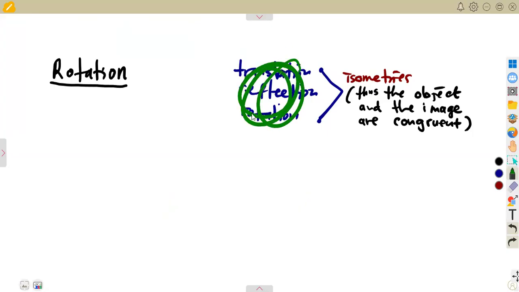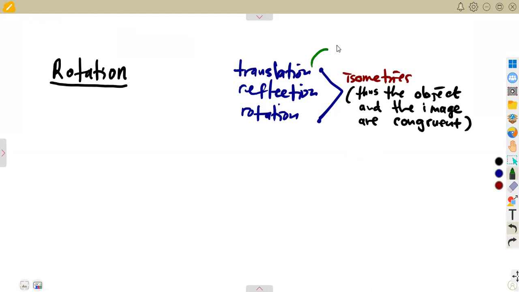You are going to think of these three. You summarize: I'm supposed to have a translation, a reflection, and a rotation. These are the three transformations that you're supposed to expect. But now, of these three, you need to specify how you are going to see that this is a translation. Remember what I said.